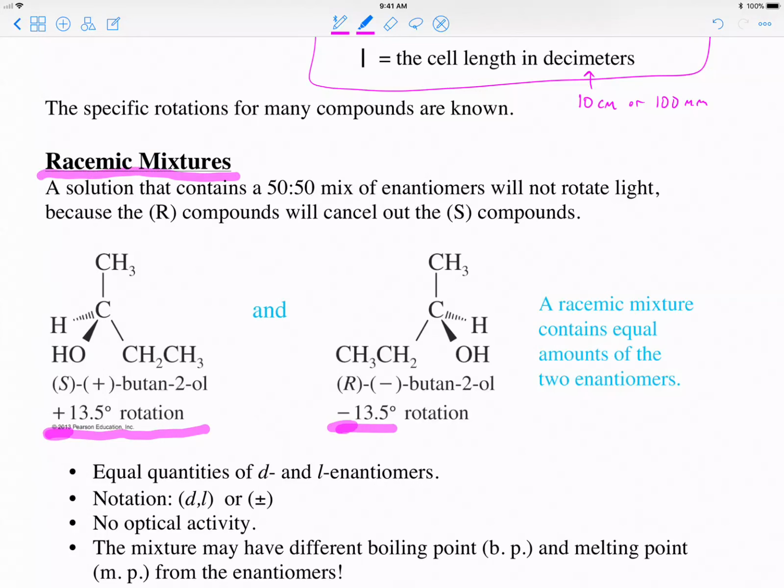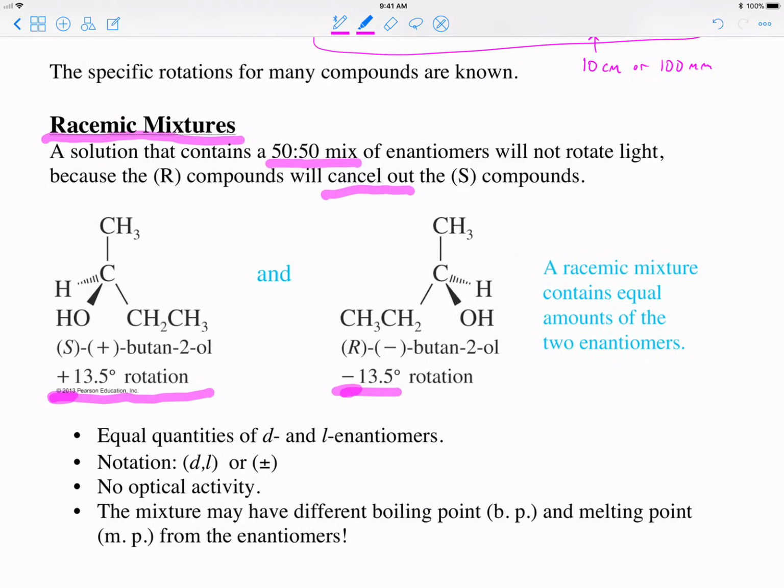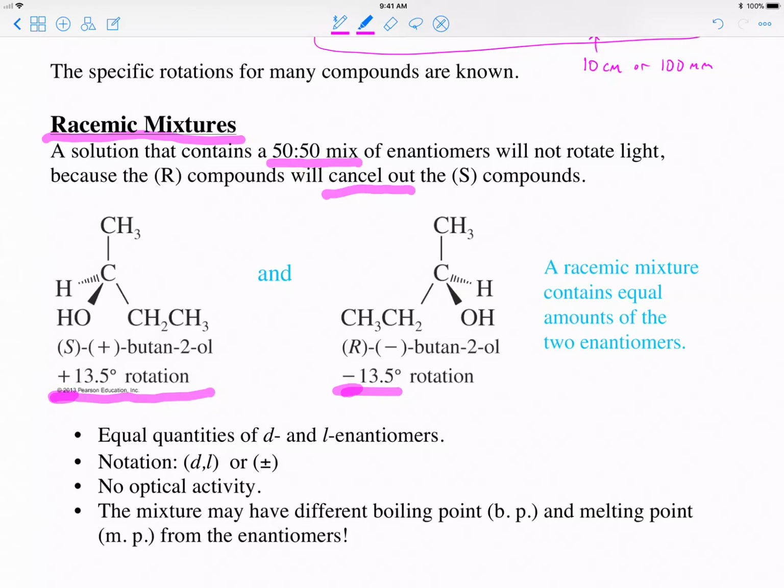If I didn't have one pure compound, but I had a 50-50 mix of both of these in the same container, then one's going to rotate light in one direction, one's going to rotate light the exact same amount but in the opposite direction, and they'll essentially cancel each other out. We call a 50-50 mix a racemic mixture.